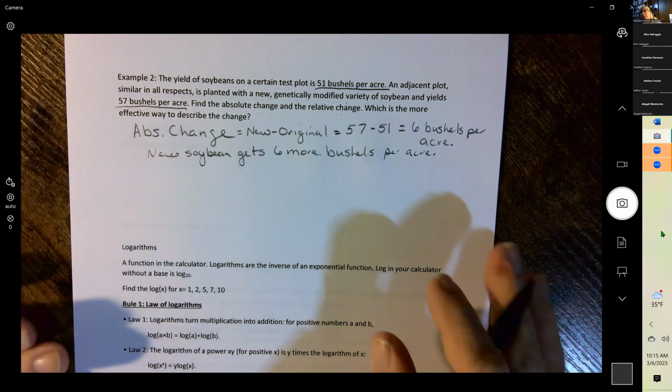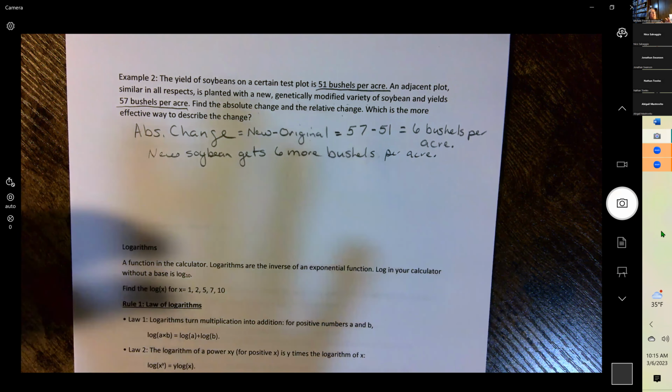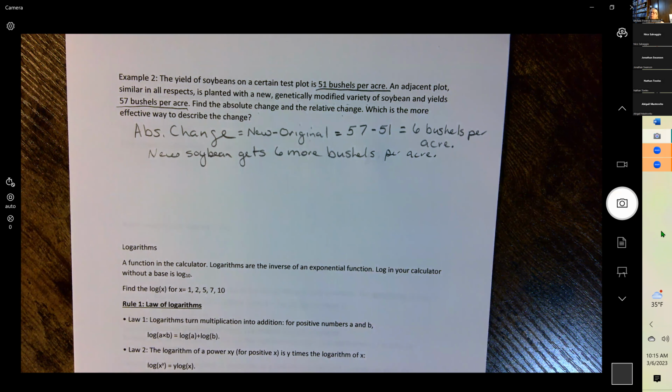I think that's a good thing to see because they're both the same amount of land right next to each other.